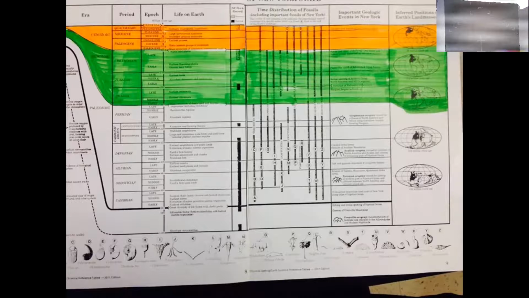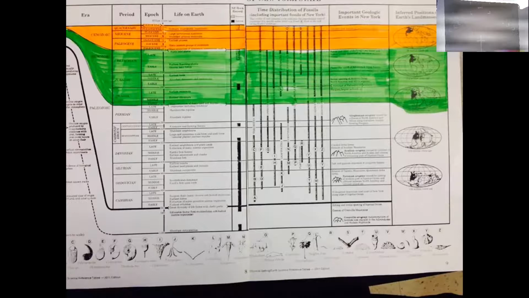So what should I estimate the dinosaurs to be at? 240 works. Anybody else? 230 works. How about 260? No, because that's down here. That's lower than 251. So you won't have to be exact as long as your number fits in between those numbers.